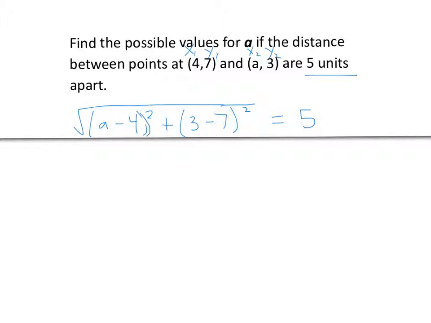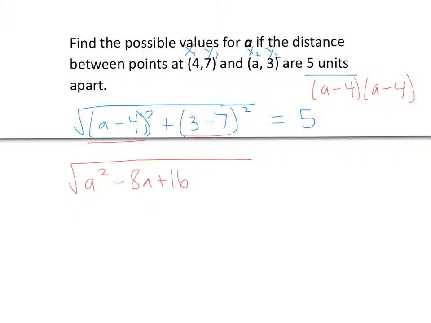Now I'm going to look at A minus 4, the quantity squared, which really means A minus 4 times A minus 4, and we already know how to do that with FOIL or the box method. So A minus 4 times A minus 4 gives me A squared minus 8A plus 16, and then 3 minus 7 is negative 4. The quantity squared is positive 16, so I'll add 16 again, equals 5.